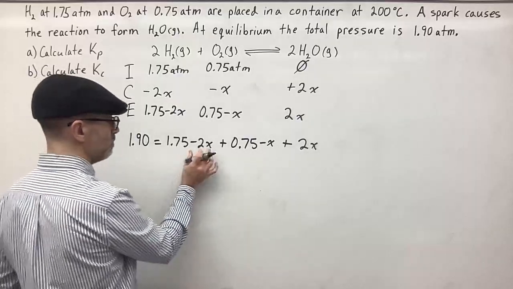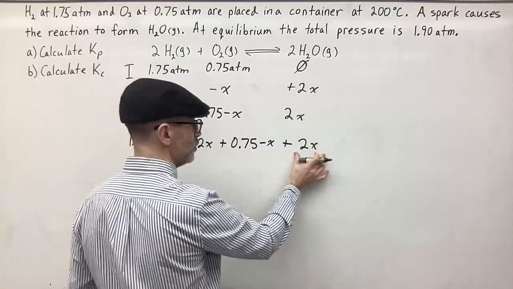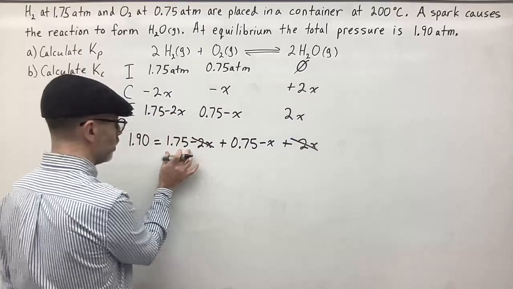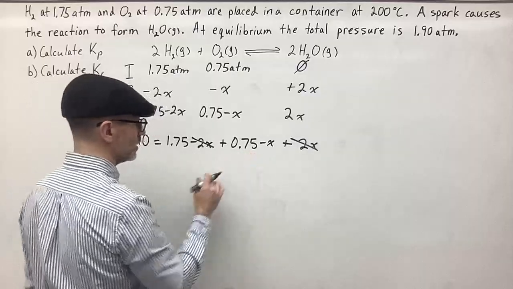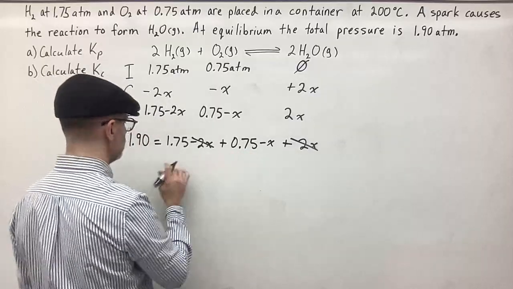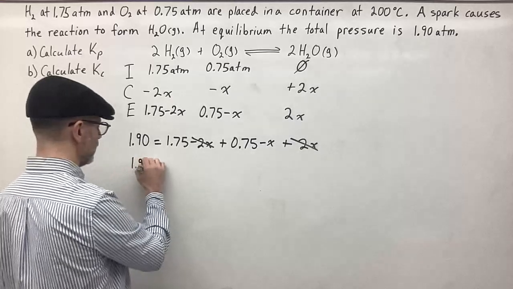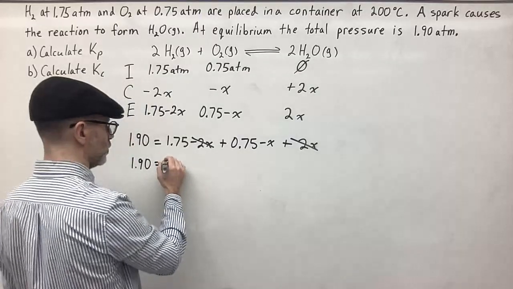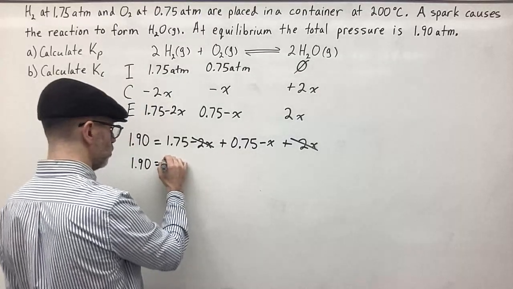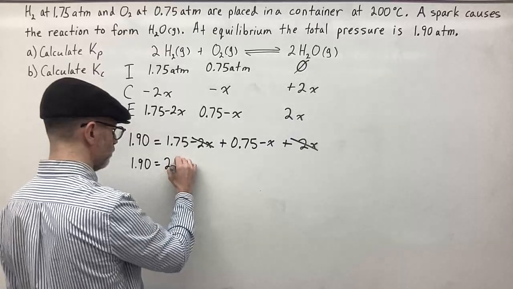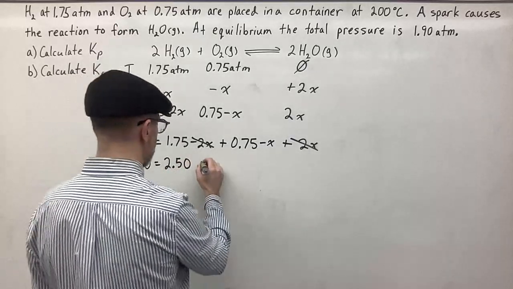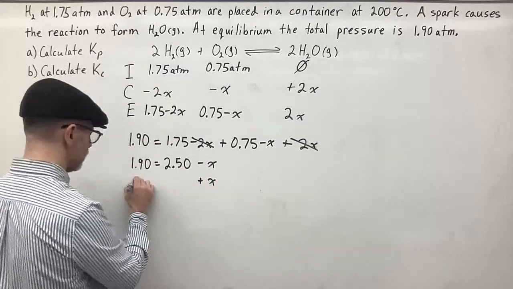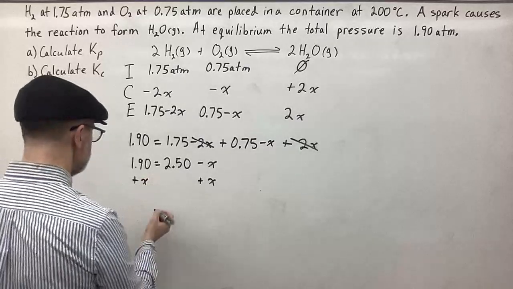So I have a minus 2x here and a plus 2x, so that can cancel out. I have 1.75 and I have 0.75, so we can add those together. So 1.90 is going to be equal to 1.75 plus 0.75, which gives us 2.50, and then we have our minus x. I can add x to both sides to make it positive.